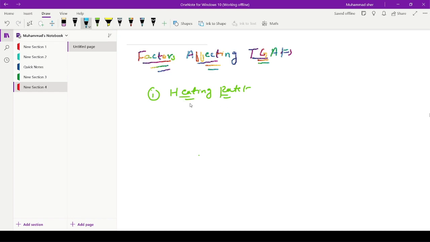Now there are two cases in heating rate. We can explain the effect of heating rate on the basis of two cases. The very first one is high heating rate and the second one is low heating rate.